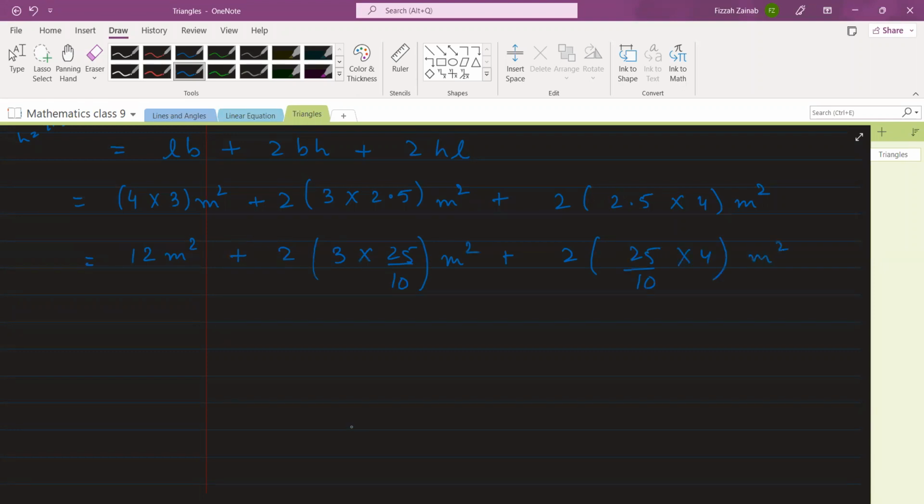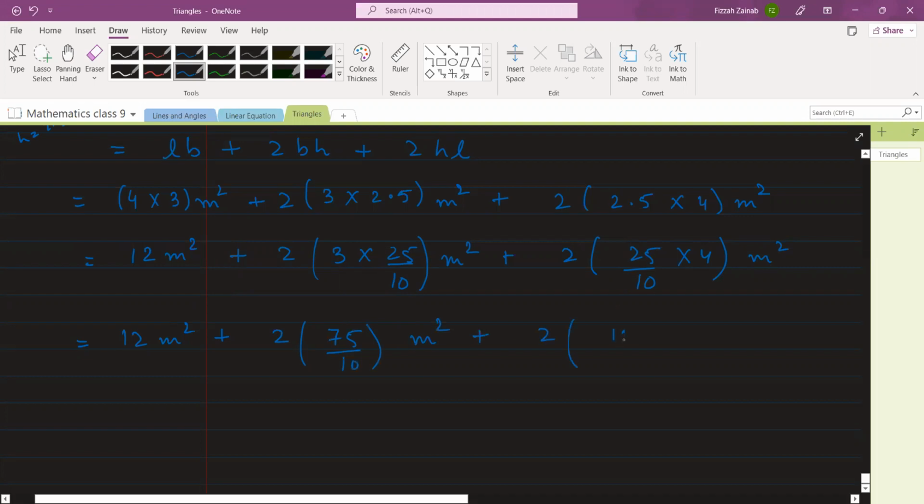See, this makes the calculation even more simpler when you do like this. So 12 meter square plus 2 into, now you can multiply. 25 into 3 will be 75. So 75 divided by 10 meter square plus 2 into 25 into 4, which is 100. So 100 divided by 10 meter square.